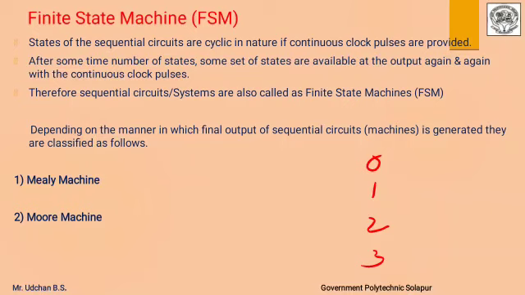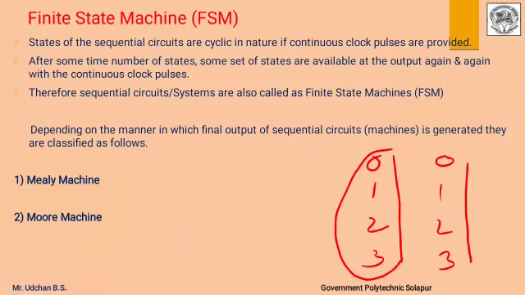For the next clock pulse again it will start counting from 0, 1, 2, 3. So these states go on repeating for the continuous clock pulses, and these states are finite, that is 4 states are finite and are repeating continuously as we have applied a continuous clock pulse.